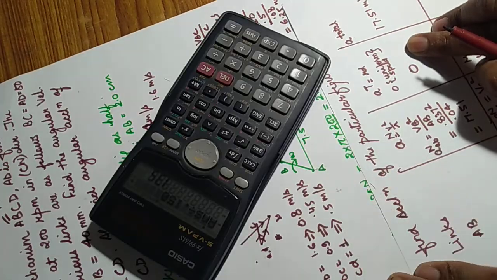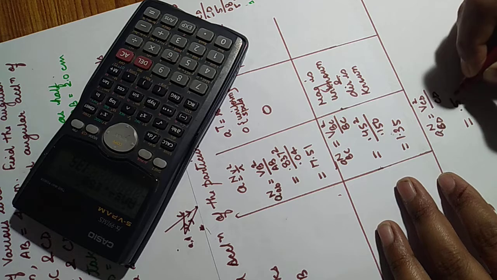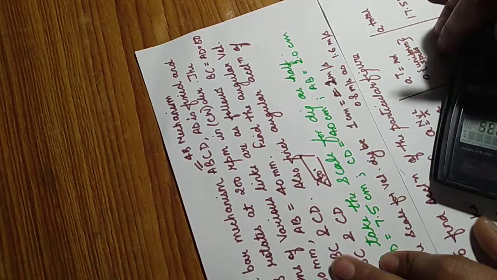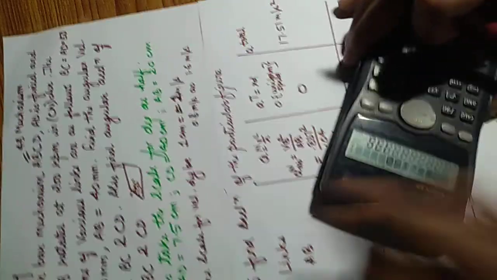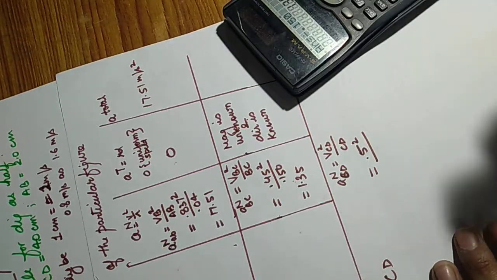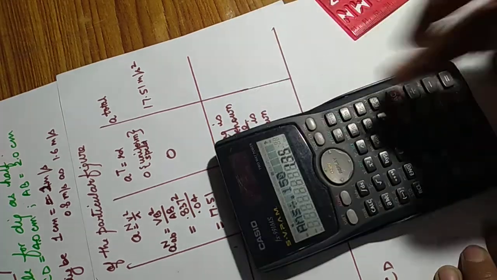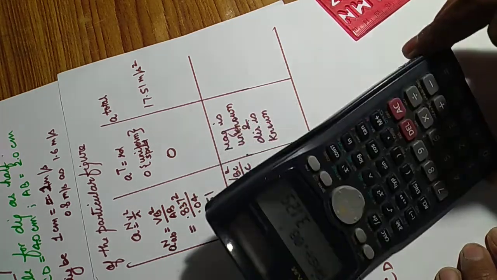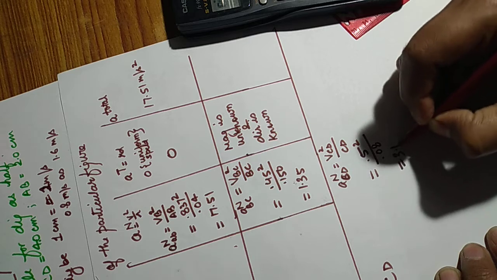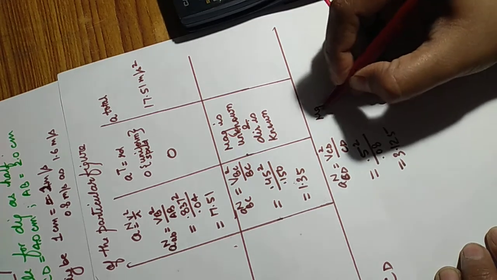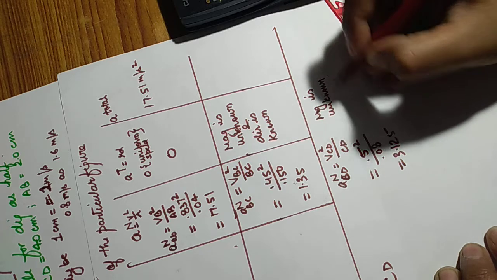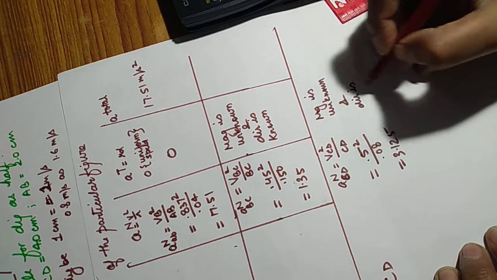So we are taking 0.5 square upon the CD link. Link CD was given as 80 mm, so that 80 mm corresponds to 0.08. So it is 0.5 square divided by 0.08, which is 3.125. Again, the magnitude is unknown and the direction is known.